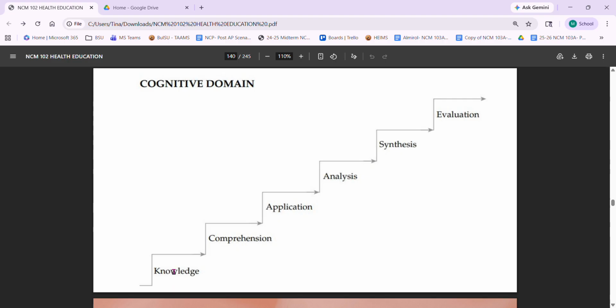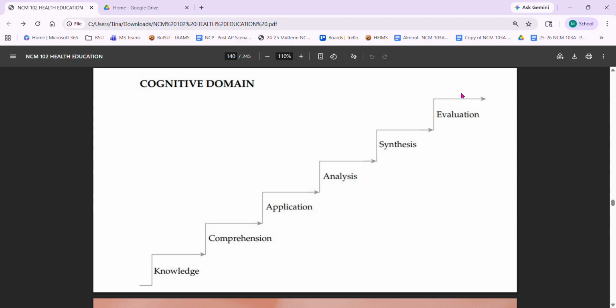Okay? So, sa cognitive domain, you have knowledge. Kapag well-equipped ka with knowledge, you will be able to, what? Do comprehension. And so on and so forth. Then, you could do application, analysis, synthesis, and evaluation. Okay?